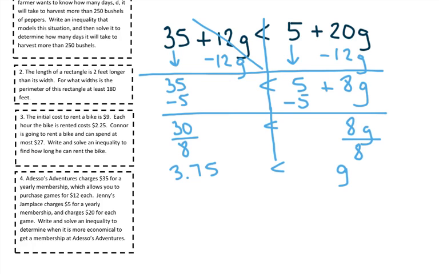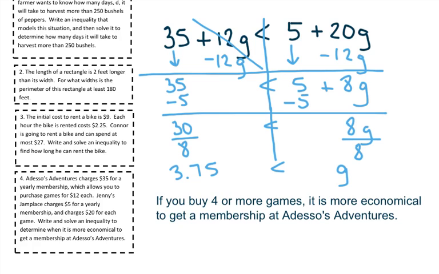Let's put that in a sentence. Alright, so since we're purchasing games, we would not be able to purchase part of a game. So I rounded 3.75 to 4. So if you buy 4 or more games, it's more economical to get a membership at Adesso's Adventures.